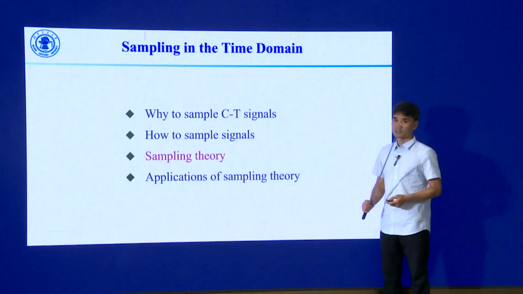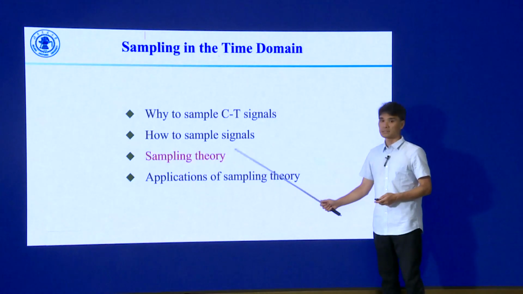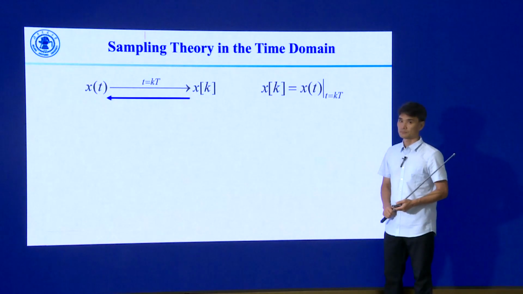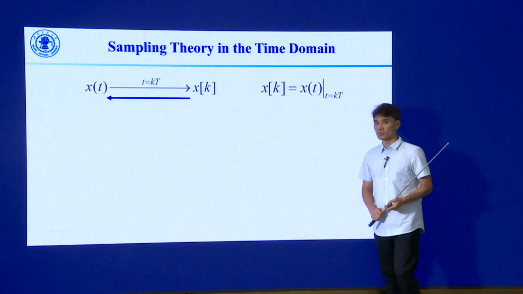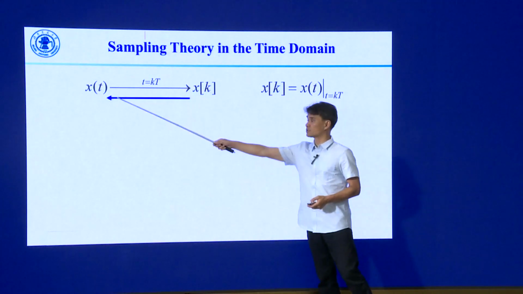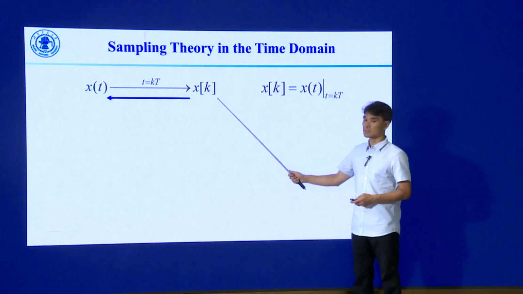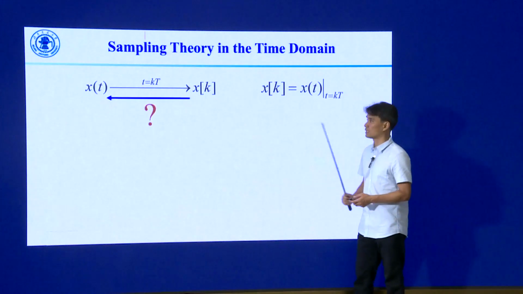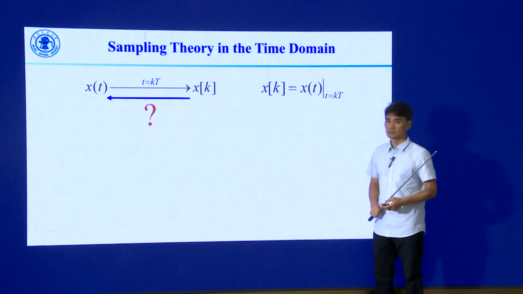To answer the question, we have to introduce sampling theory. What we want to do is, can we recover the original signal from the sampled signal without any information loss?